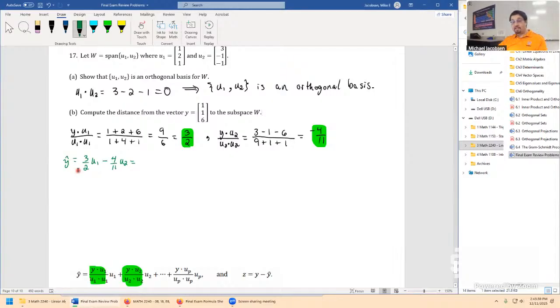Sometimes it's convenient to get the least common denominator right here and then just deal with scalar multiplications of ordinary integers rather than fractions. So if you go that route, it eliminates the fraction arithmetic or reduces it. We'll multiply this by 11 over 11 to get 33 over 22 u1. Multiply this by 2 over 2 to get -8 over 22 times u2. Then we could factor out 1 over 22.